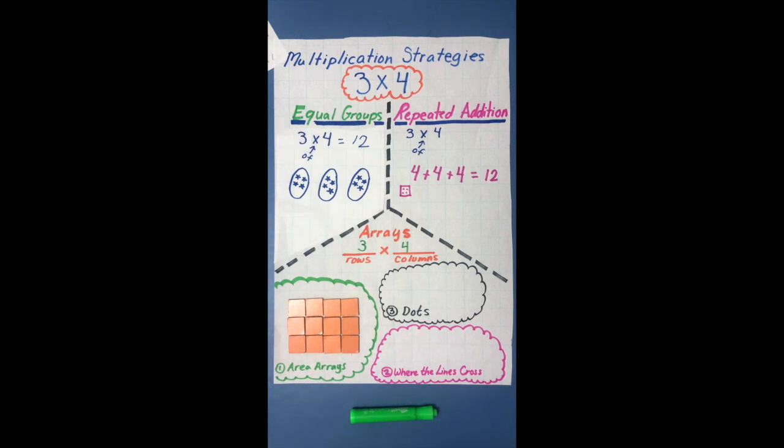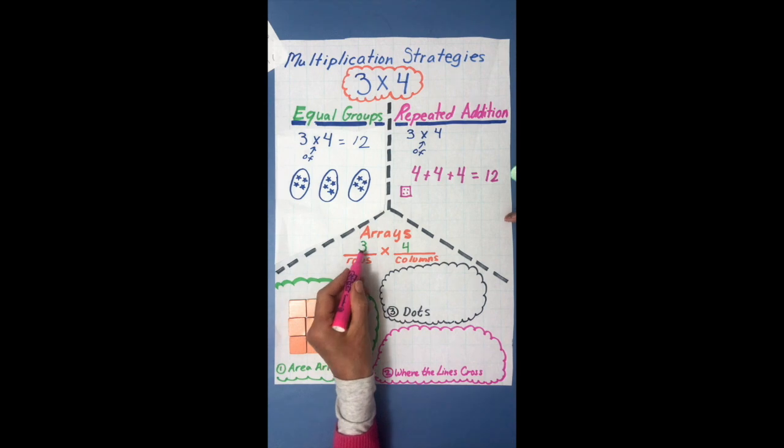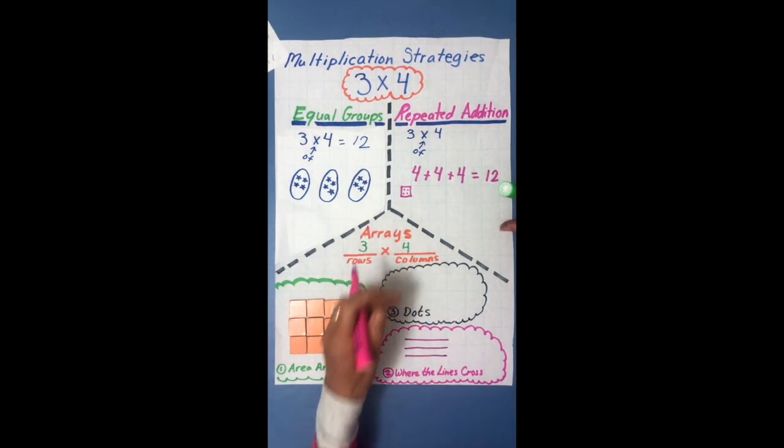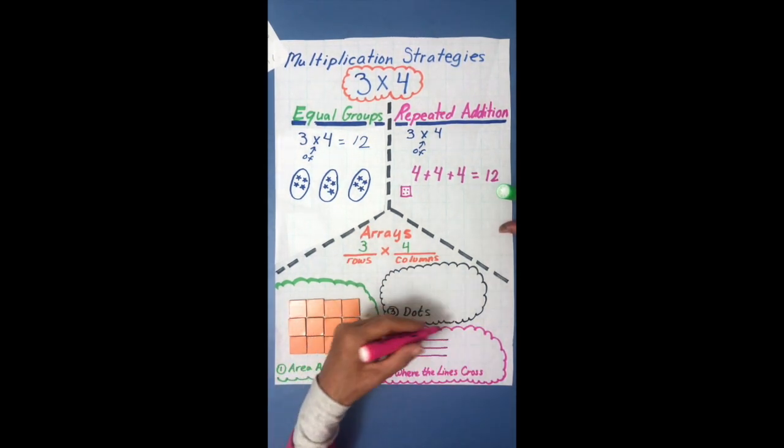Now, there's another method, method 2, which is called where the lines cross. And I really like this method because you actually draw your 3 rows. So I'm going to do 1, 2, 3 rows. And then you draw your 4 columns, which I always know go vertically.